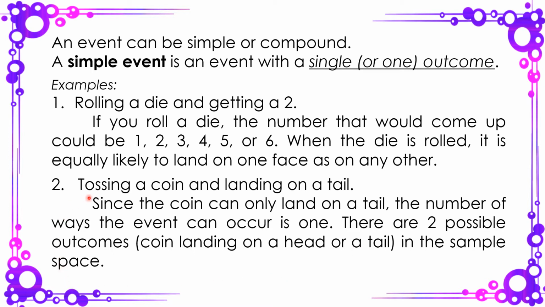So, number 2, if you are going to toss a coin, the possible outcome is either a head or a tail. So, we can only have a single outcome for tail. So, this is an example of a simple event.